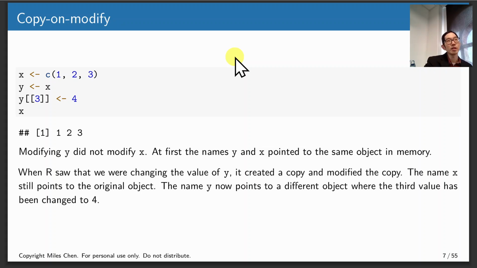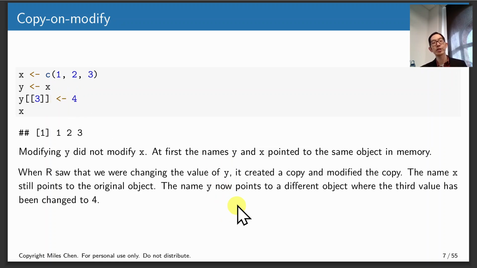And R employs what's called copy on modify. So when we modified Y, we said change the third value in Y to 4. Before we did this, Y and X were two things pointing to the same object. But then when we did this, R created a copy.